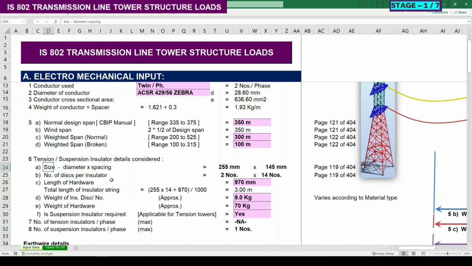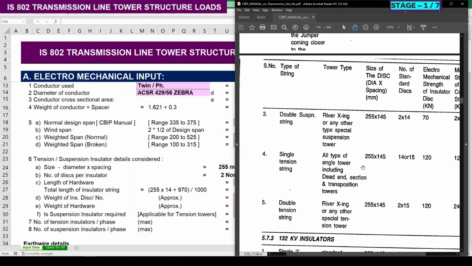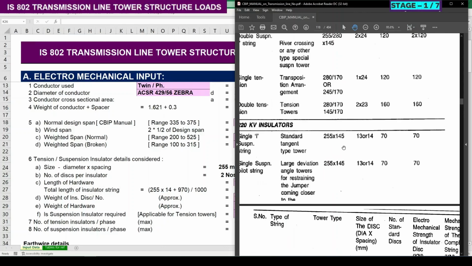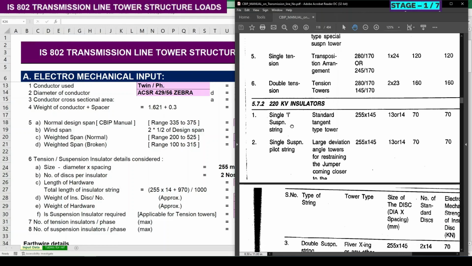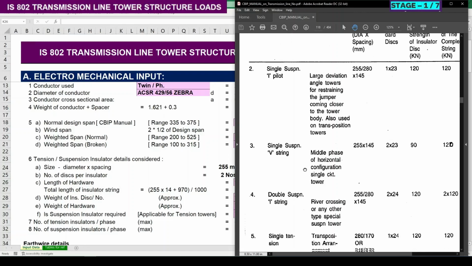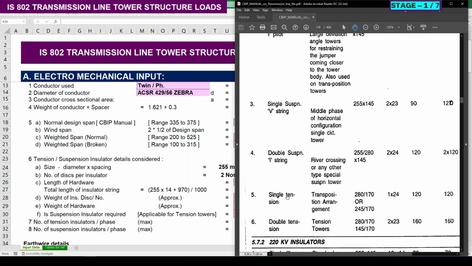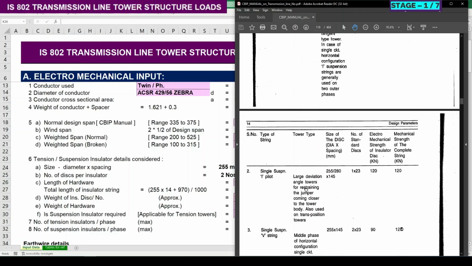For the size, diameter and spacing of the insulator discs, we can refer to the CPAP manual, page number 119. Here in the right hand side PDF file you can see, based upon the voltage level and the insulator type, either single or V string, and tension tower or suspension tower, various classifications of insulators.